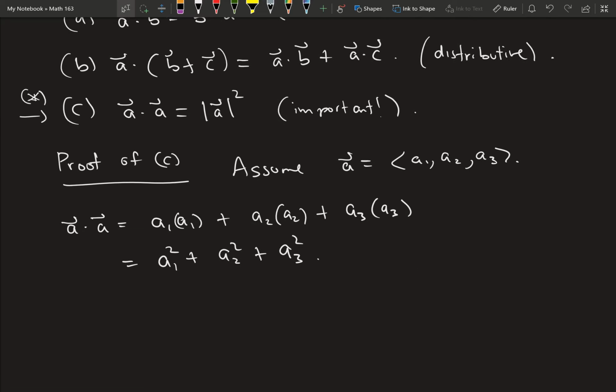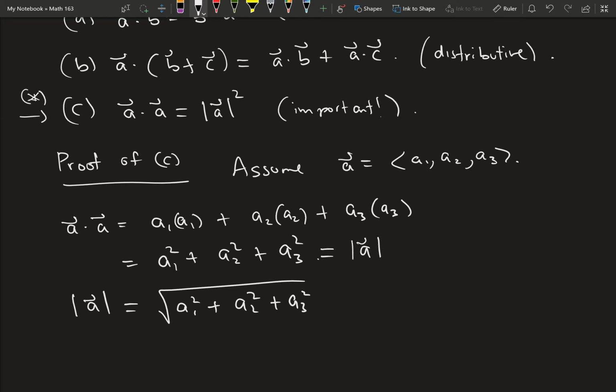On the other hand, the length of the vector A, or what's called the norm, you might hear me saying the norm of the vector, the same thing as the length of the vector, is the square root of A1 squared plus A2 squared plus A3 squared, and hence our expression above is exactly the length of A squared.